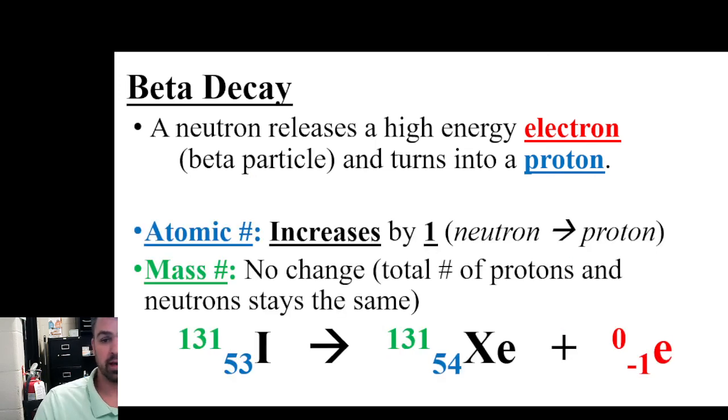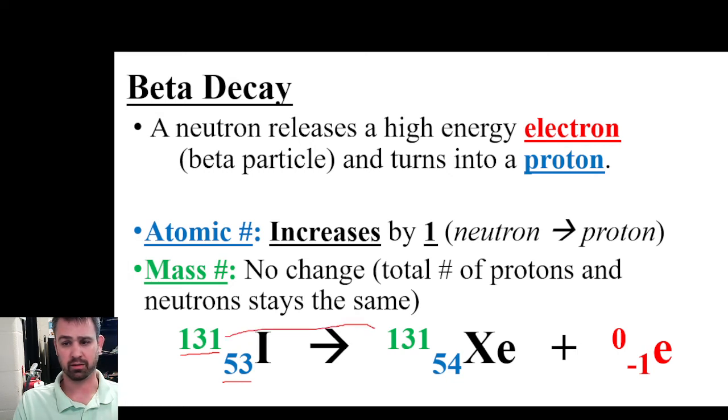So if I look at this, how do I know what's going on? Well, this iodine isotope, first off, has an atomic number of 53, and this is iodine 131. How do I know that beta decay has happened? Well, I'm looking for this electron. Because electrons don't have any mass, my mass numbers stay the same, but I'm giving off an electron, or I'm accepting a proton.